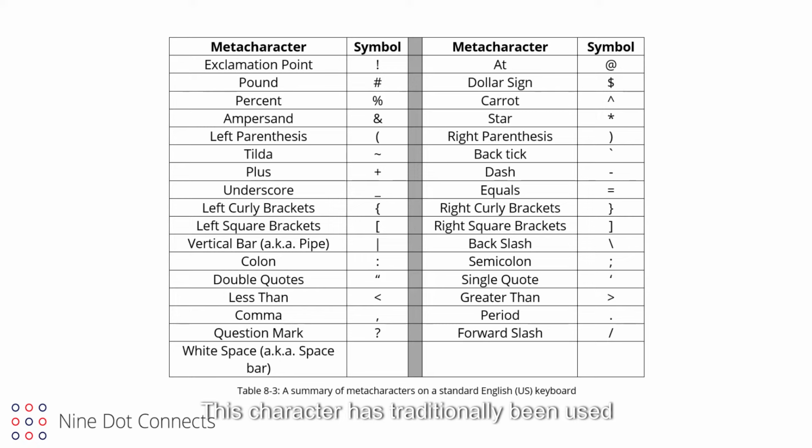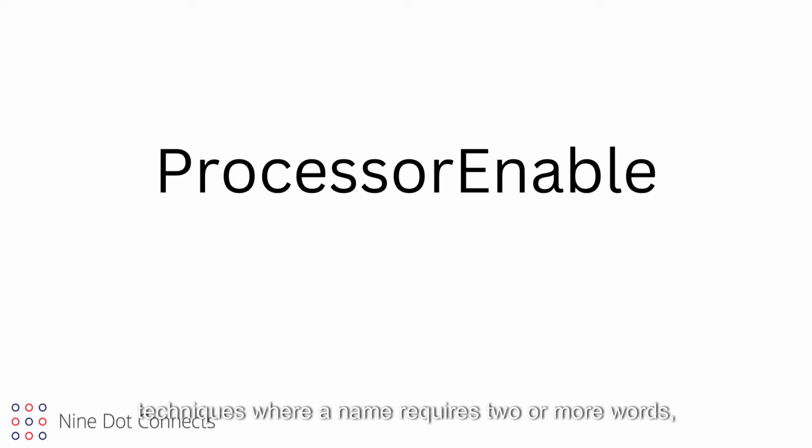This character has traditionally been used as a substitute for a white space. Though newer OS systems seem to handle white spaces well, the white space has traditionally been used as a record separator or delimiter in programs. In modern programming techniques, where a name requires 2 or more words, the practice is to concatenate the words with the first letter capitalized in each word, as seen in this example, processorEnable.